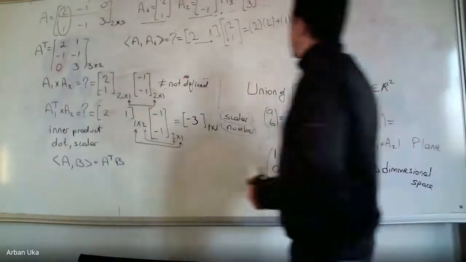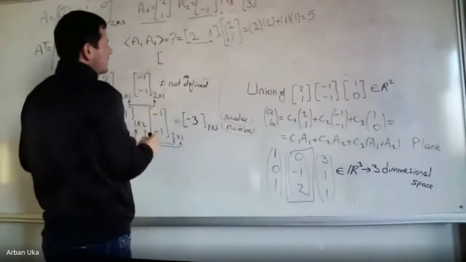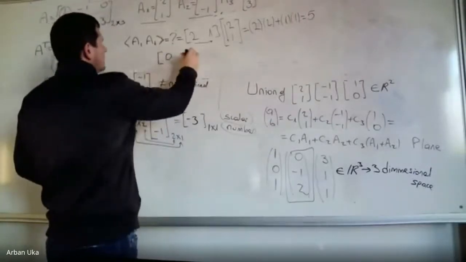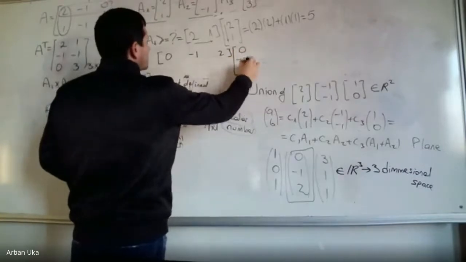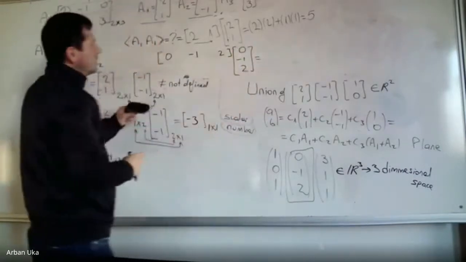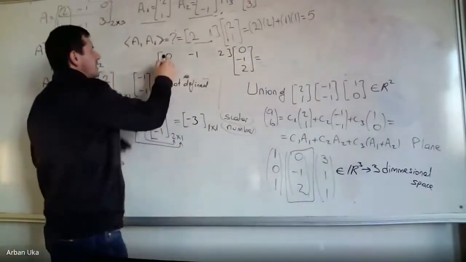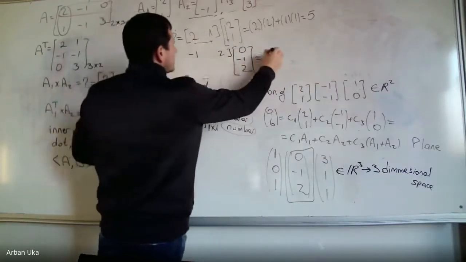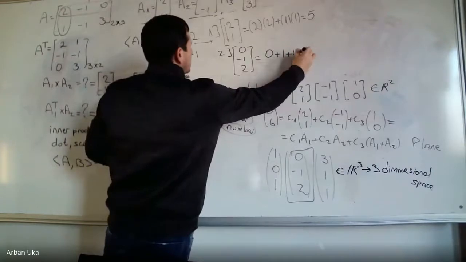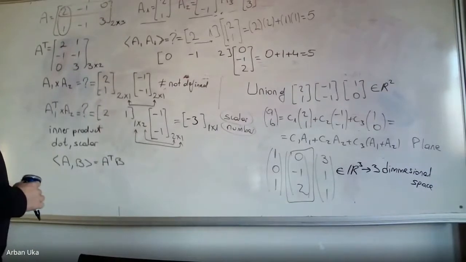It's also 5, that's true, but to write it, we write 0, minus 1, 2, and multiply this with 0, minus 1, 2 again. We do element-wise multiplication, so we have 0 times 0, minus 1 times minus 1 is 1, so we get 0 plus 1 plus 4, another 5, okay? So this is the inner product.